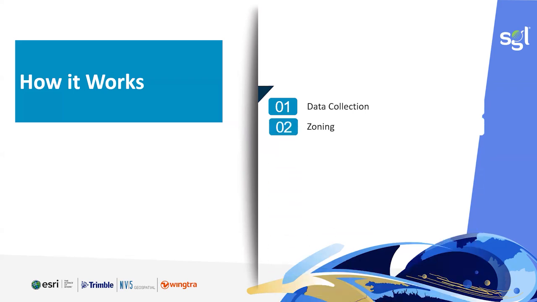Then the second one is zoning, by dividing the field into management zones using GIS software. Then analysis, with the use of agronomic models to determine input needs per different zones.